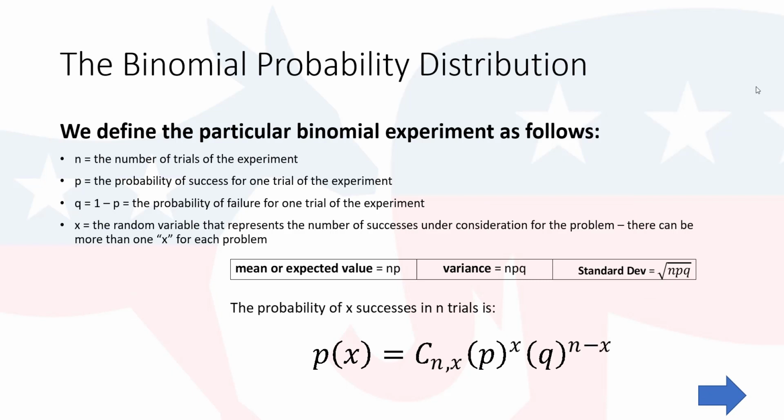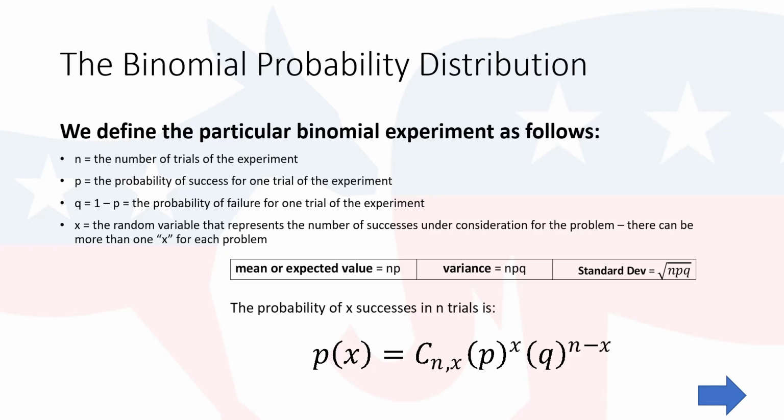So, as I already said, we define the parameters for the particular binomial experiment as follows, but then we also have something called the mean, or expected value, or expectation of the experiment, and that we just take n, which is the number of trials, times p, which is the probability of success for each trial.